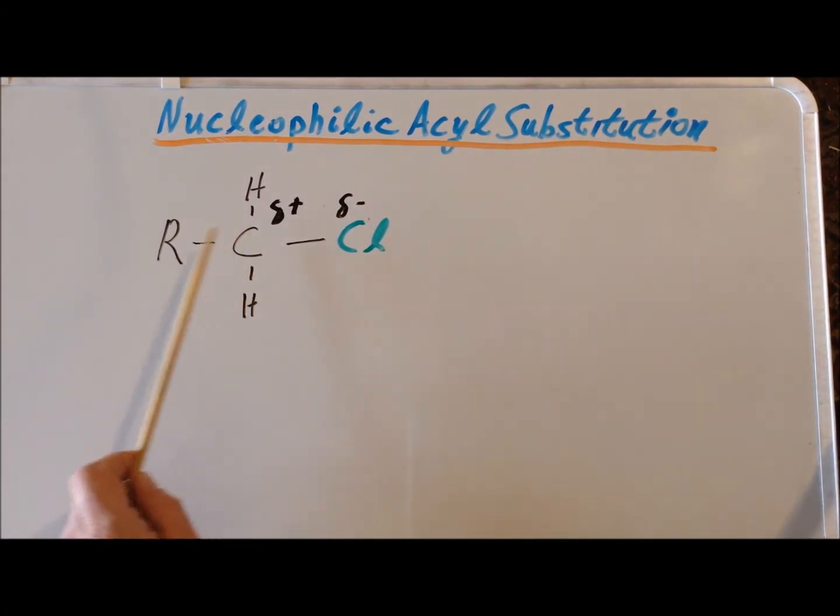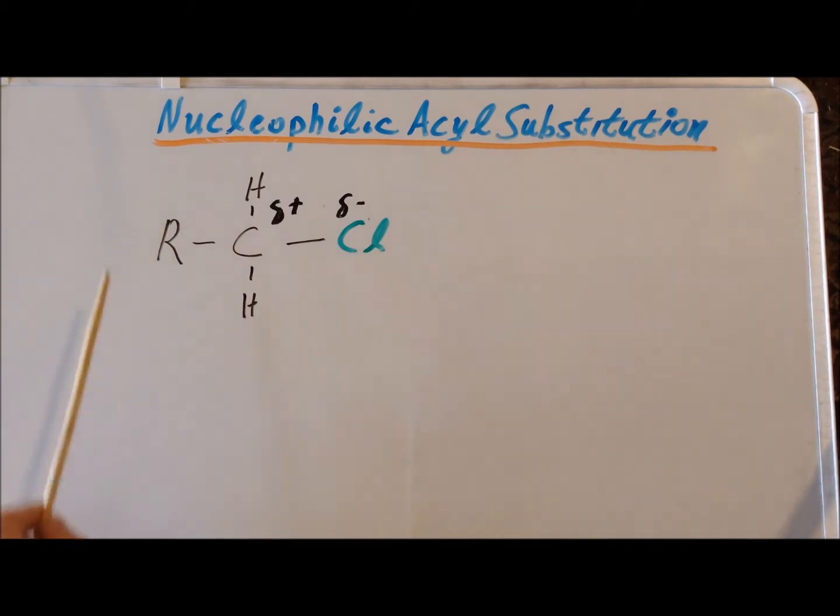Now, because carbon has a partial positive charge on it, it is electron deficient, and therefore it is suitable for reaction with nucleophiles. Nucleophiles are attracted to regions which are electron deficient because they are electron rich.